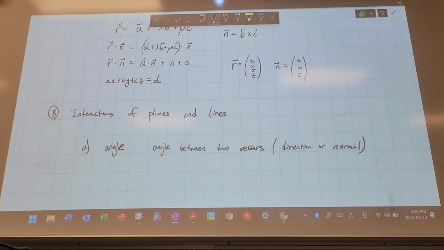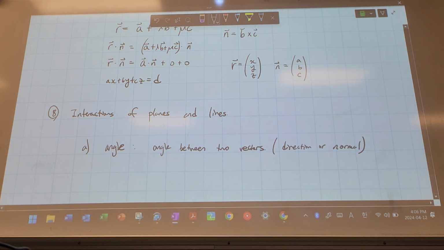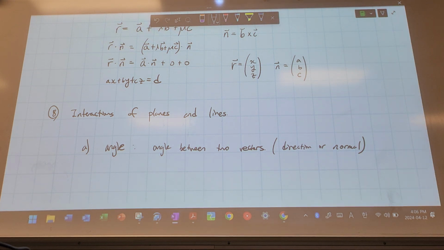If it's a line and a plane, one way is to find the projection of the line on the plane. Or you find the angle between the direction vector of the line and the normal vector of the plane, and then take 90 degrees, or pi over 2, minus that angle. You can also switch it to sine straight away.